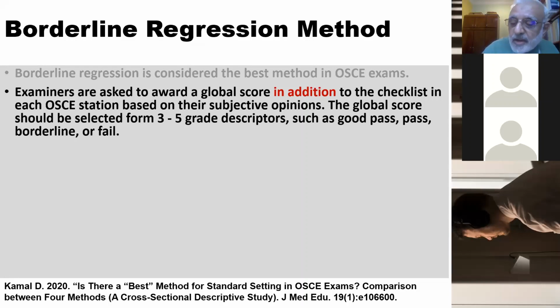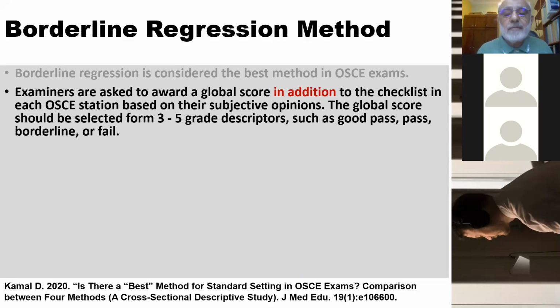In fact, it is advised that the examiners don't add up the marks, because that can influence their global rating. So they just give the marks on the checklist without adding, and without adding, you can give the impression. And we all know as examiners that sometimes we say that this is such a poor student and I don't know how he passed the examination.